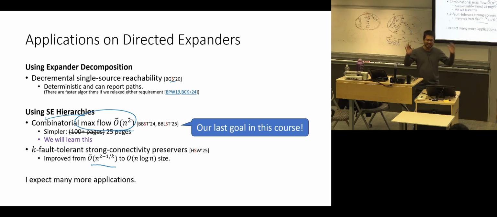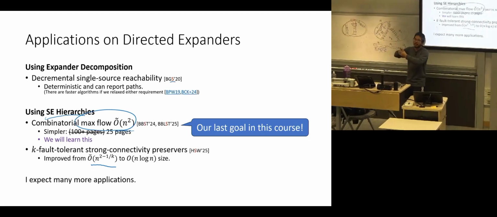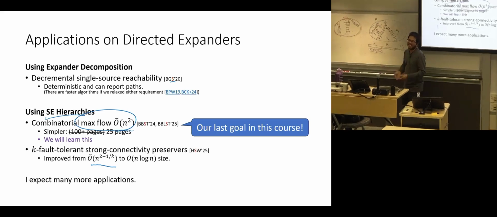You can build a BSE hierarchy. It's just that once you build it, you get a hierarchy where the pieces are connected in a DAG way. It doesn't give you a tree. It gives you more of a DAG, actually.